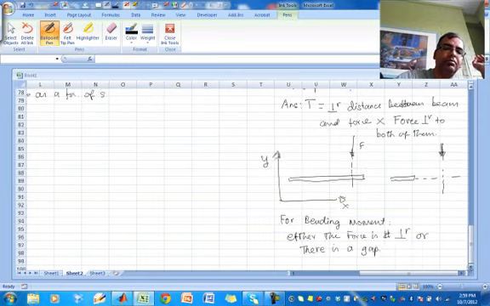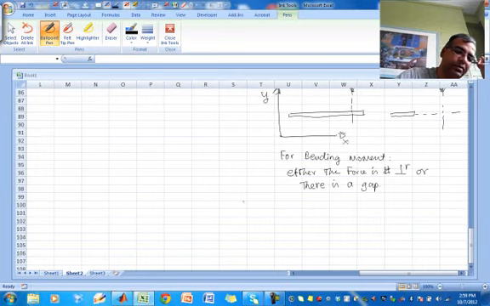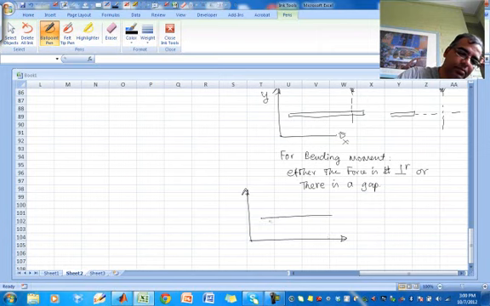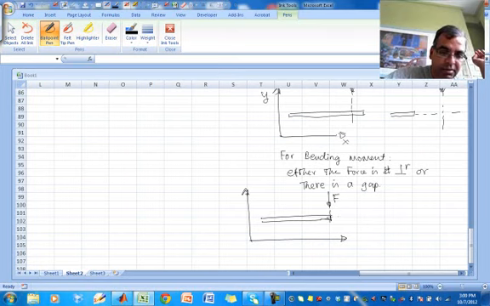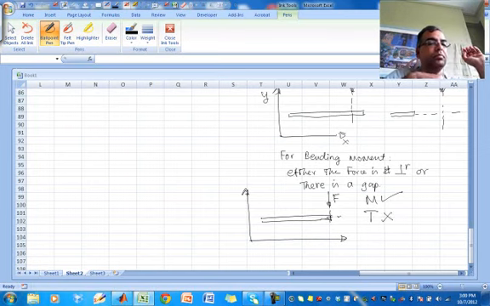What do I mean? Let's look at this situation. Force F. Well, if I extend it, this means bending moment present, torque absent. Can you see that? No torque, only bending moment.